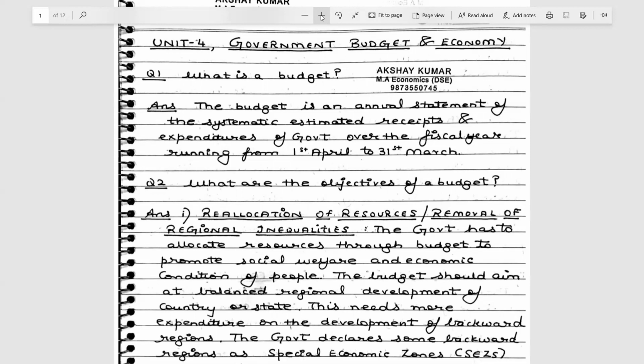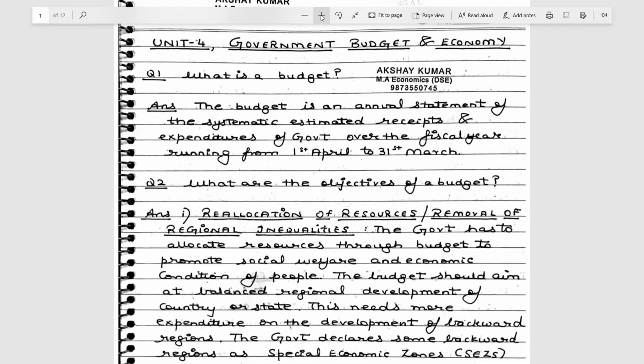So just as every family has a budget, the government also plans a budget. Now, this is regarding how much the government plans to spend over the entire financial year, and how much the government plans to receive in the form of taxes throughout the entire financial year.